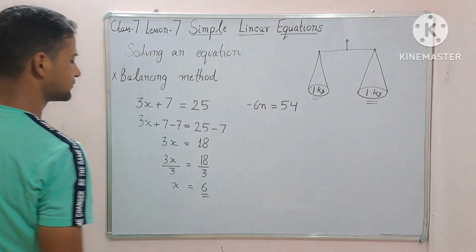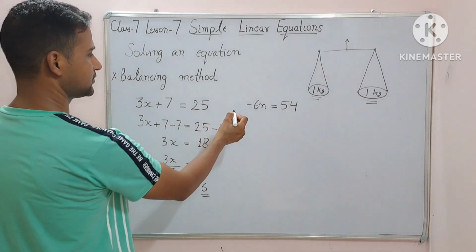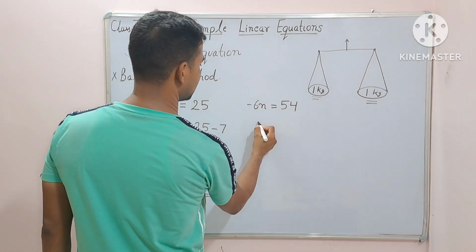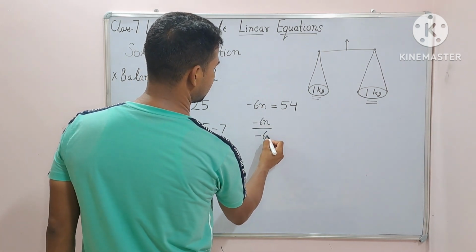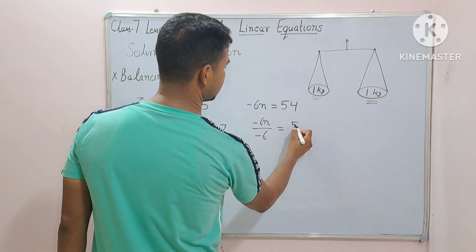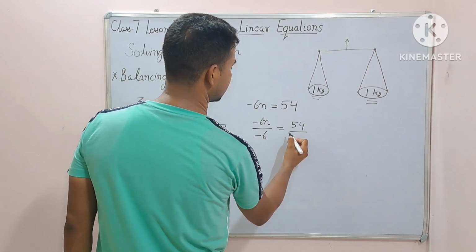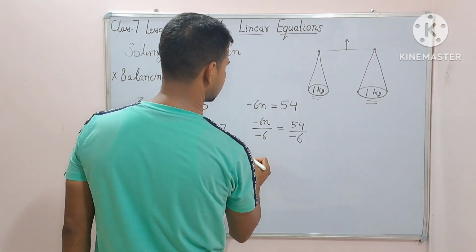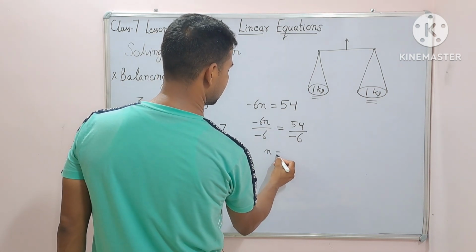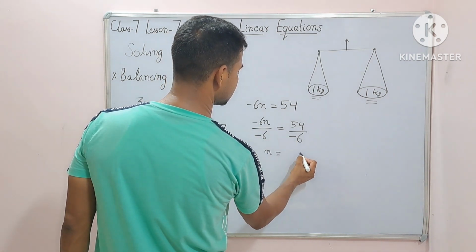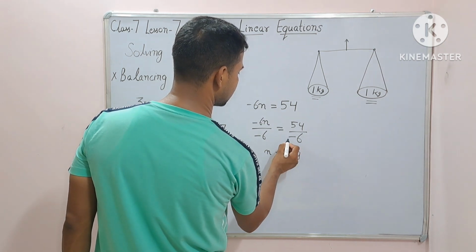This is the answer. Here this is another question. Minus 6n, and we will divide it by minus 6. 54. We will divide the right hand side by minus 6. Minus 6, here we get n is equal to 9.